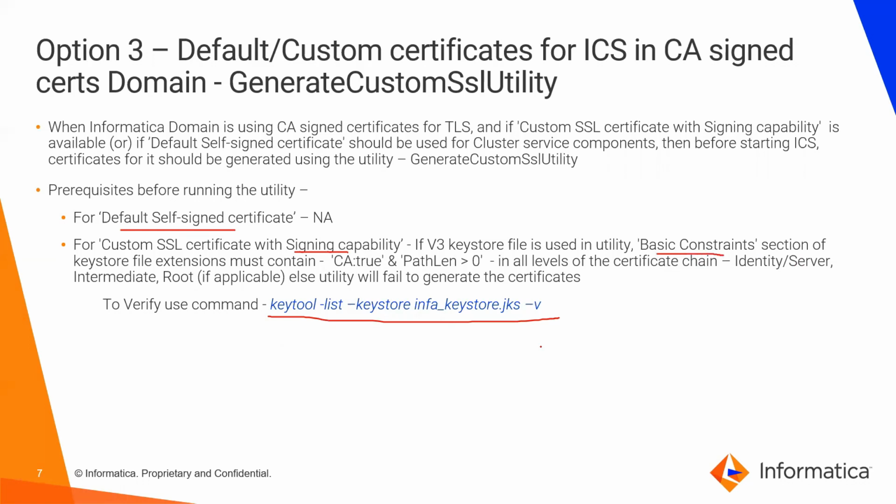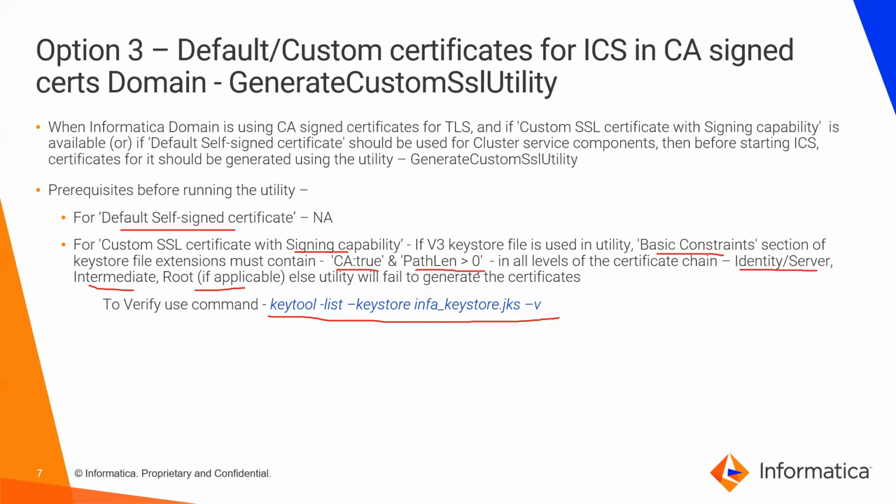So let's say you are having a custom SSL certificate which is having a hierarchy, like it's having root, then intermediate, and then site or server level certificate. For all 3 levels of the hierarchy, these 2 parameters should be there. Under the basic constraint section, your CA should be true and your path length should be greater than 0.